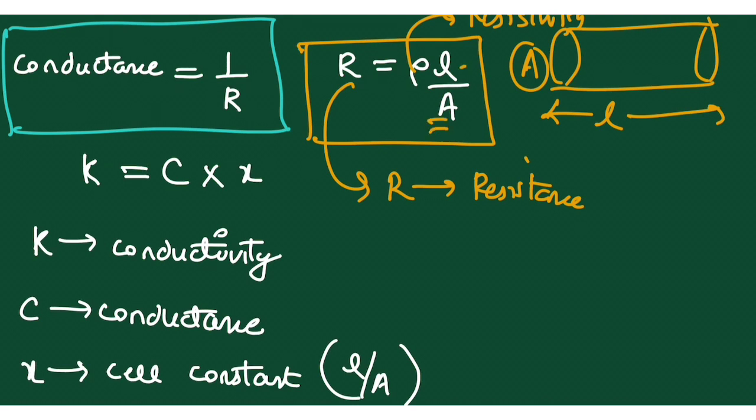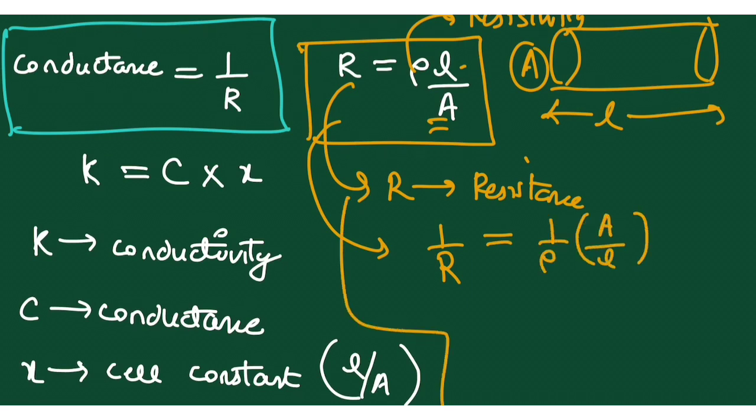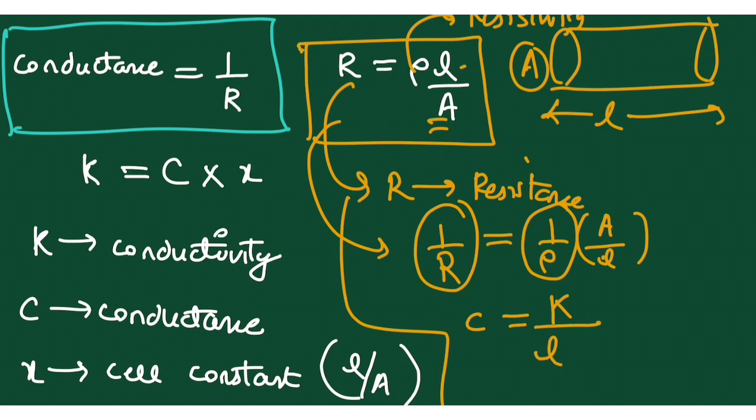Now if I talk about conductance, we have to reverse it. If I reverse it, we get 1 upon R is equal to 1 upon rho times A by L. Now 1 upon resistivity is given by conductivity, and I am writing L by A as x, the cell constant.